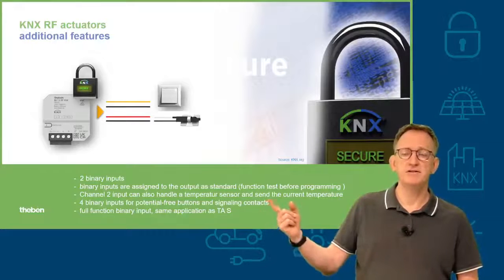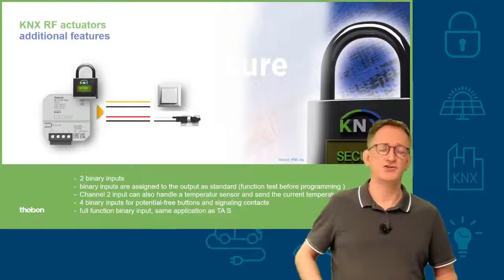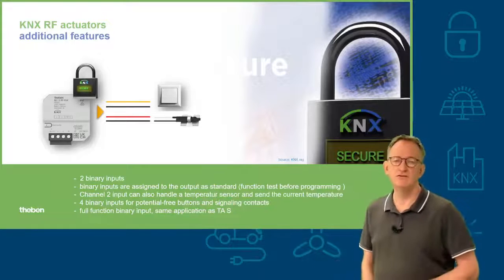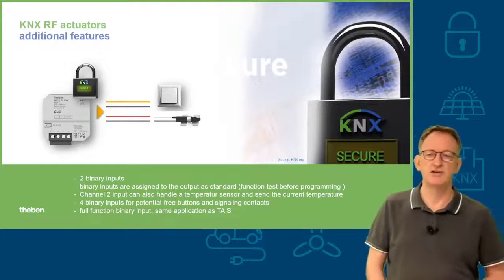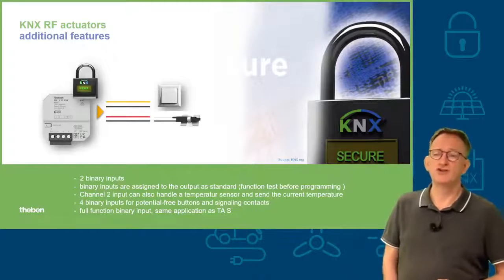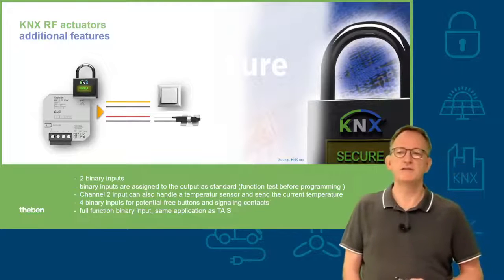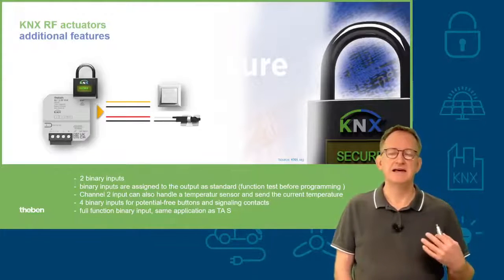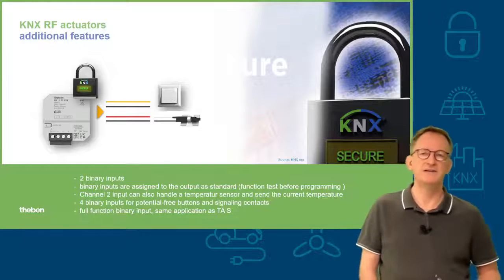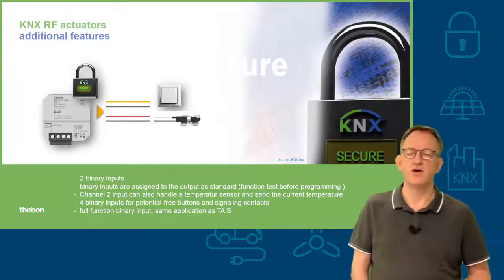Very important, both channels are potential free, so please do not set any potential to these inputs. And if you are using the devices at the beginning in an unprogrammed way, then the channels are configured in such a way that they control standard functions of the device.